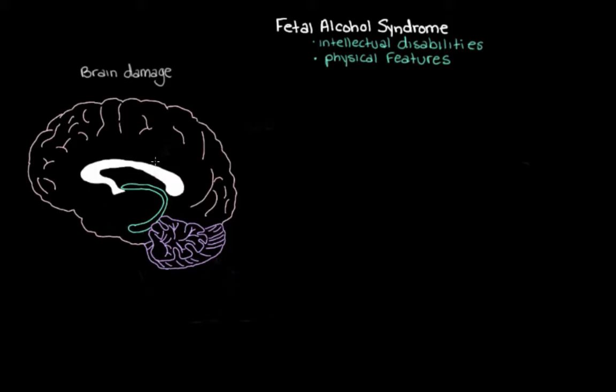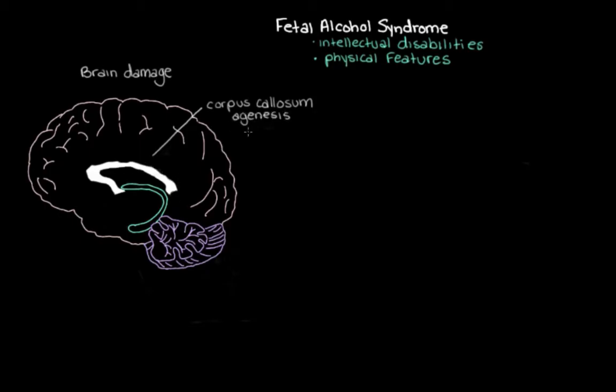So, for example, we might see that this part of the brain here, called the corpus callosum, which is really important for allowing the two different hemispheres of our brain to communicate with each other, can actually be partially or completely lost in someone with fetal alcohol syndrome. And we call this agenesis.